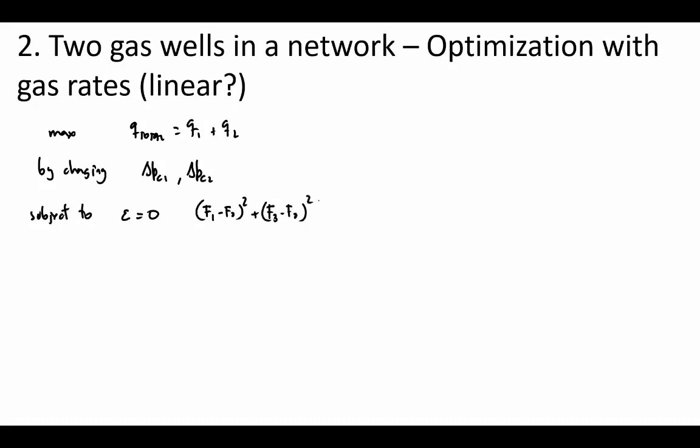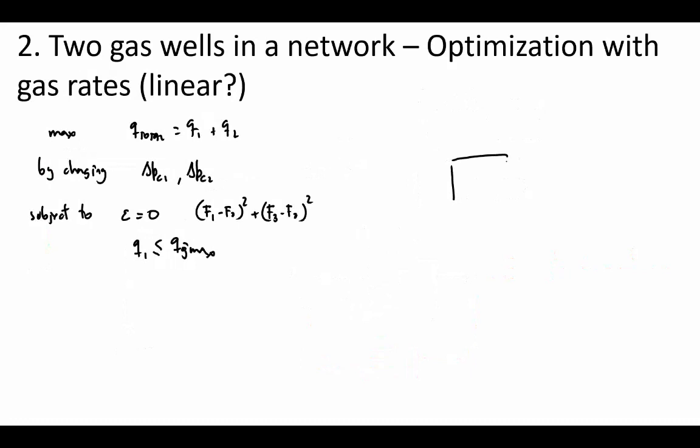And also there was one constraint that Q1 had to be less than or equal to Q gas max, like in the previous case. So that will be a formulation of the optimization.